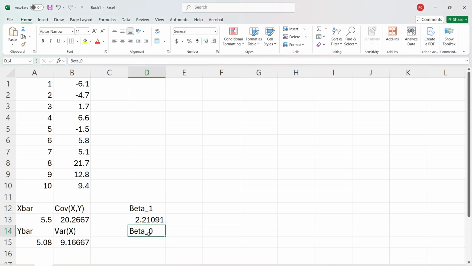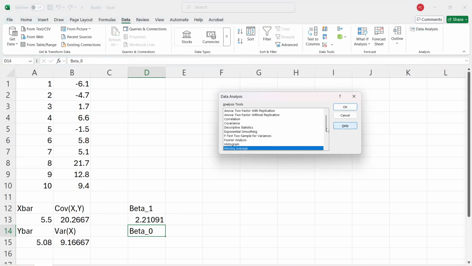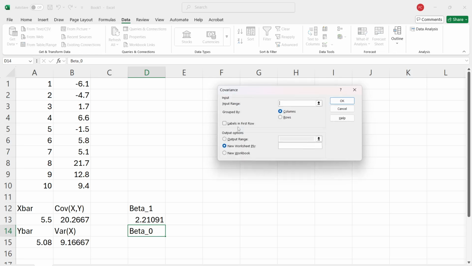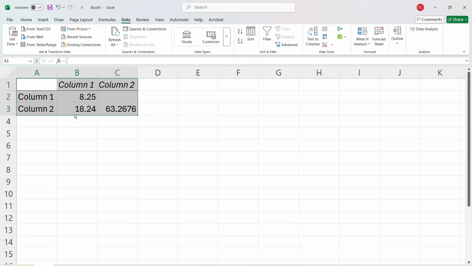Before I make beta 0, I'm going to go over here and say data analysis, because I remember I can ask for a covariance matrix. And so I'm going to do that. I'm going to grab x and y, two columns of data grouped by columns, naturally, no labels in the first row, and new worksheet, sure, that's fine. Here's my new worksheet.